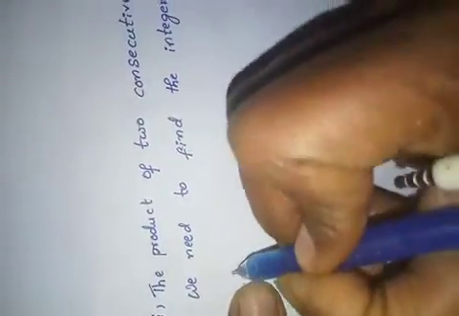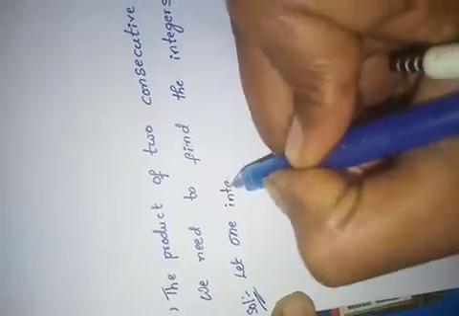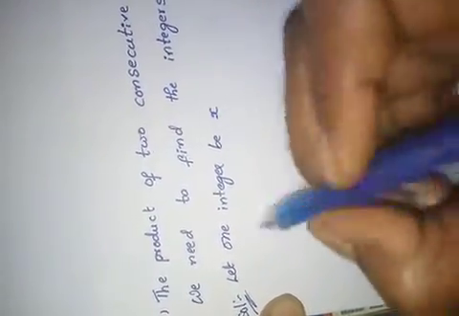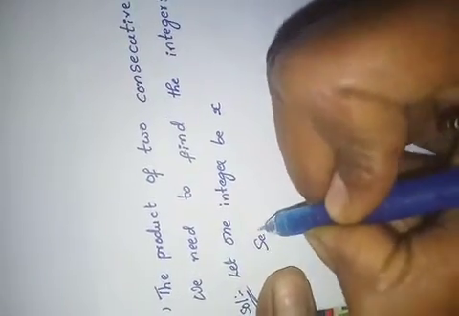The product of two consecutive positive integers is 306. We need to find the integers. We don't know the integers, no? Let one integer be x. If I take one integer x, the second integer becomes what, ma?